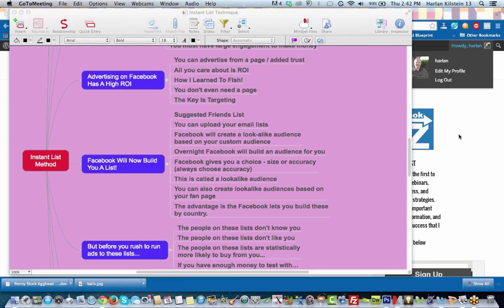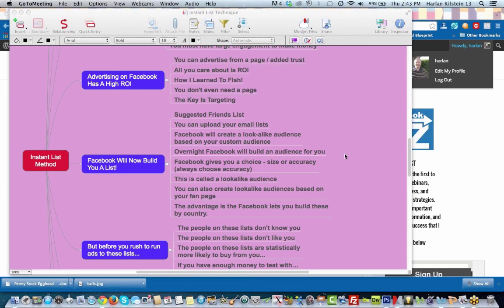And Facebook is telling you that based on 1,000 different points of data with each one, these people are like your email list. How cool is that? Let's have a round of applause for Facebook. Okay, so this is gold. Not yet. We're getting there.